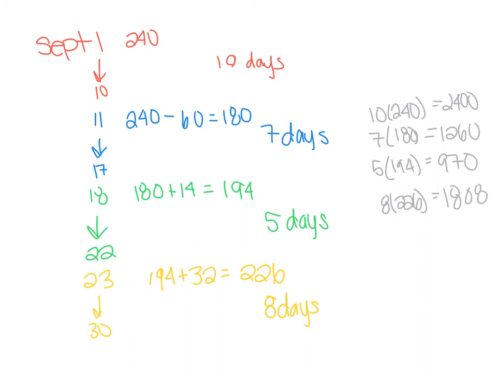If you add up those four numbers, you get 6,438. And to get the average daily balance, you need to divide that by 30. So we get 214.60. So 214.60 is our average daily balance.